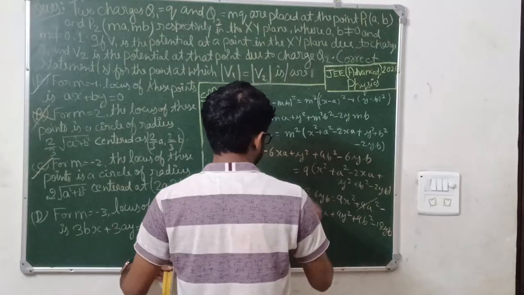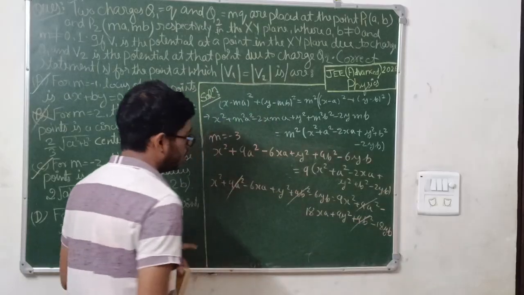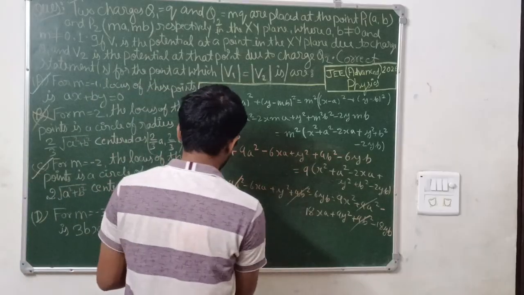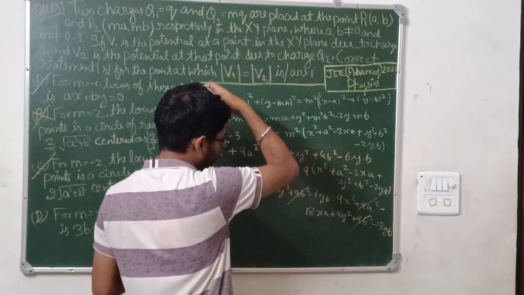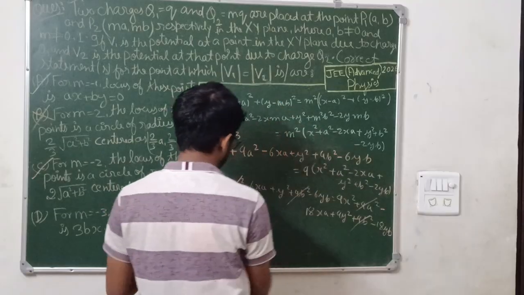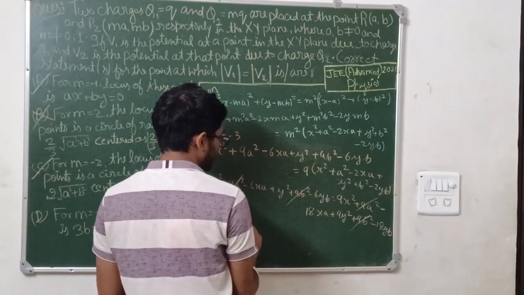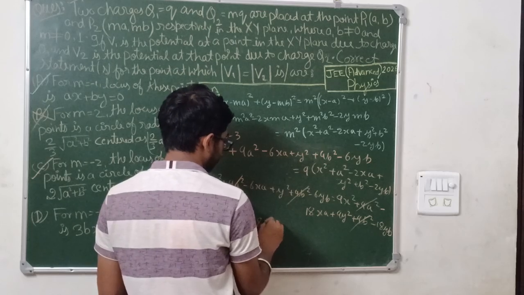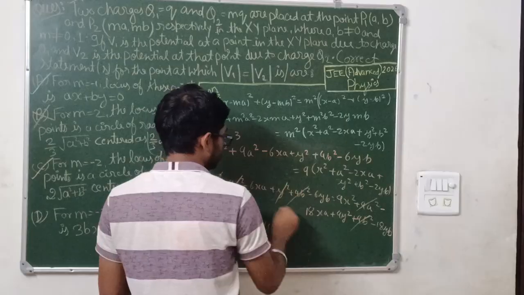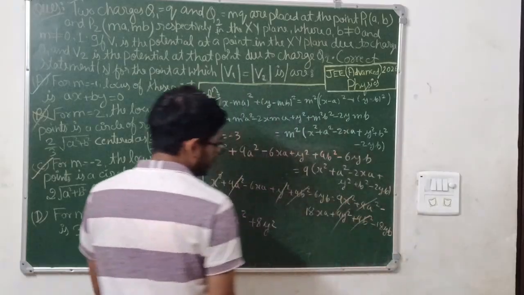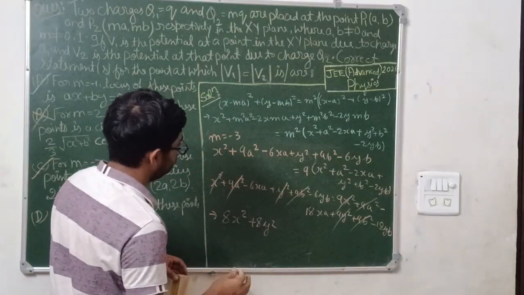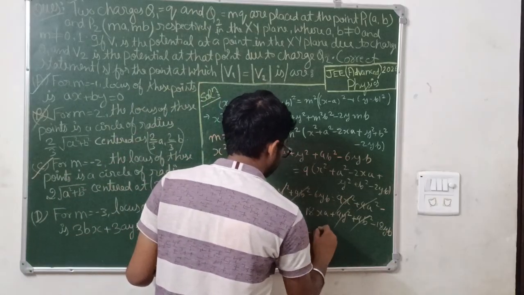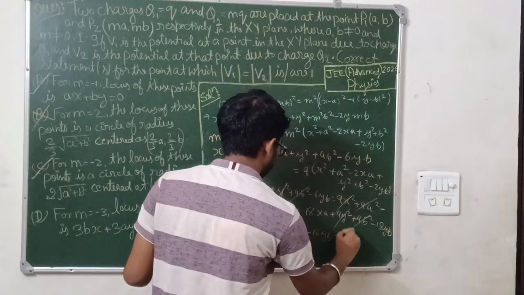9a square cancels, 9b square cancels, and simply the x square terms are going to be 8x square plus 8y square, and this would be minus 12xa minus 12yb equals 0.